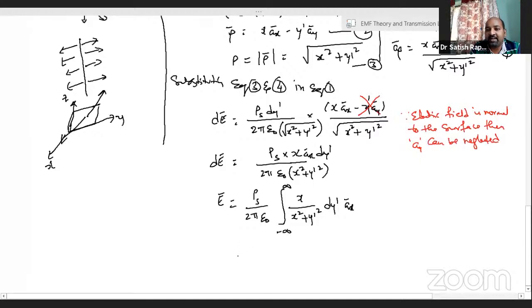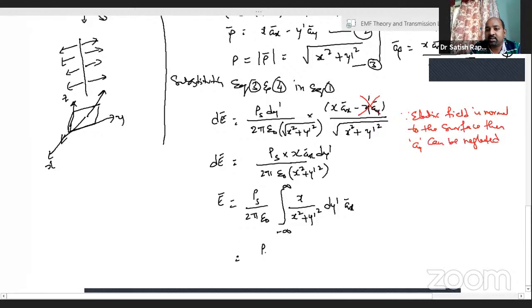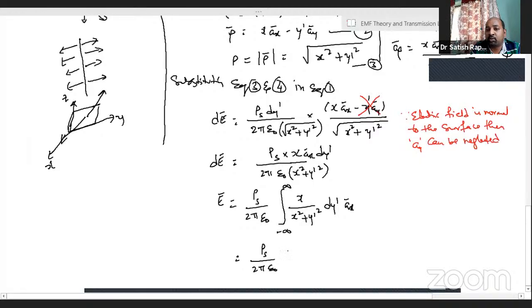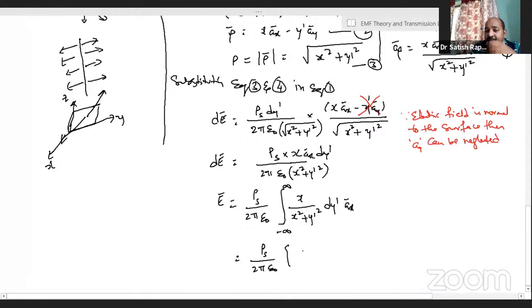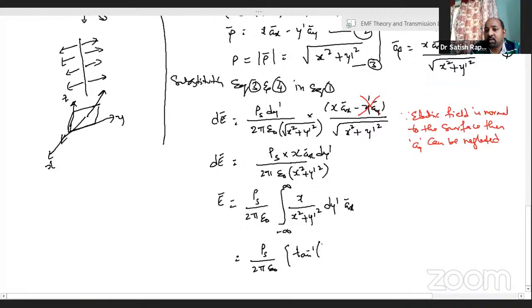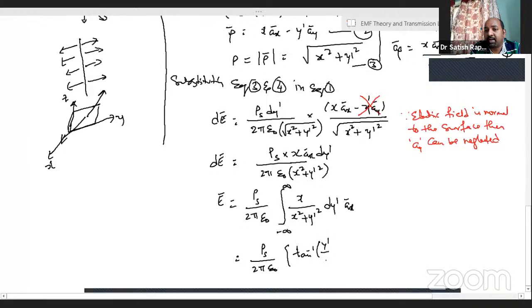So integrating this, rho s by 2 pi epsilon naught. Integrating x by x square plus y dash square, you will get tan inverse y dash by x, over the limits minus infinite to infinite, ax bar.